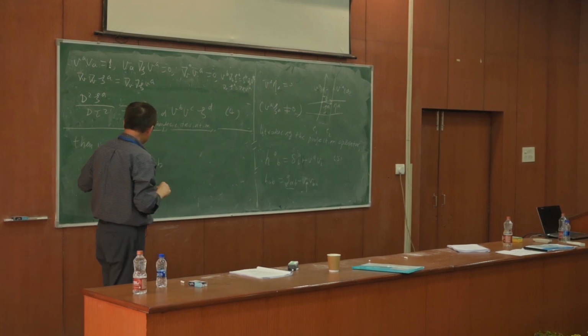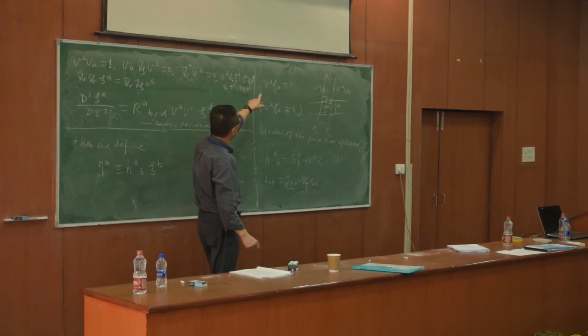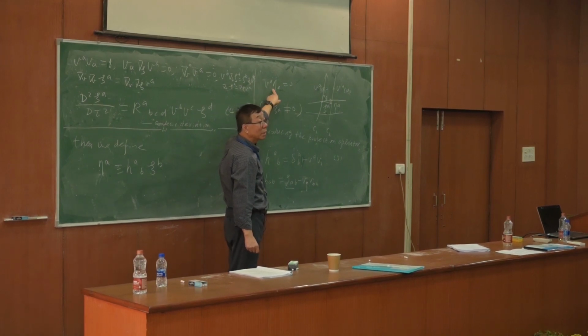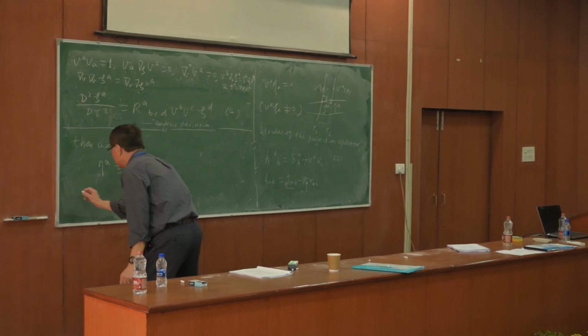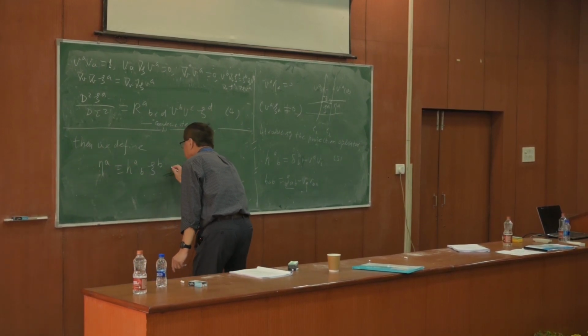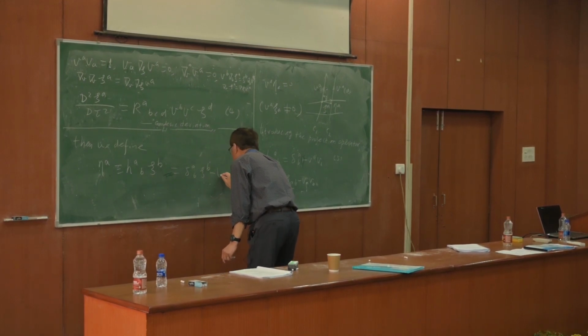You see, once I define this one, I'm going to prove this guy is exactly orthogonal. This is what I want. So this will be equal to delta_A^B minus V_A V^B, right?